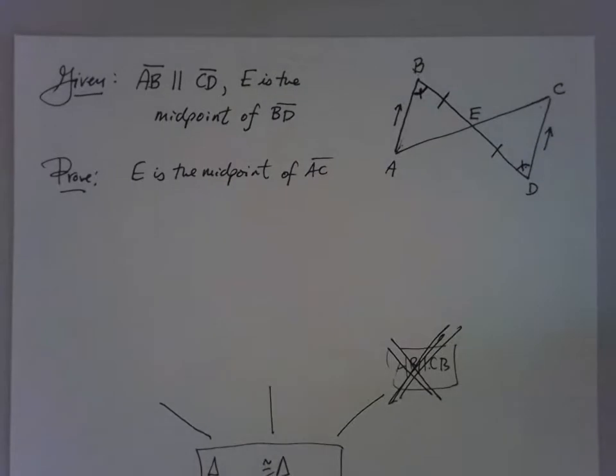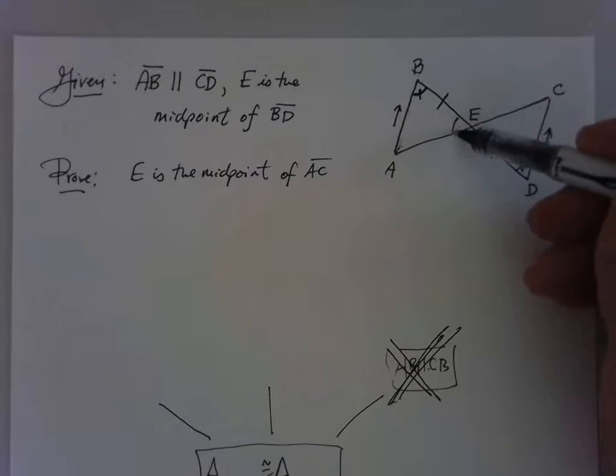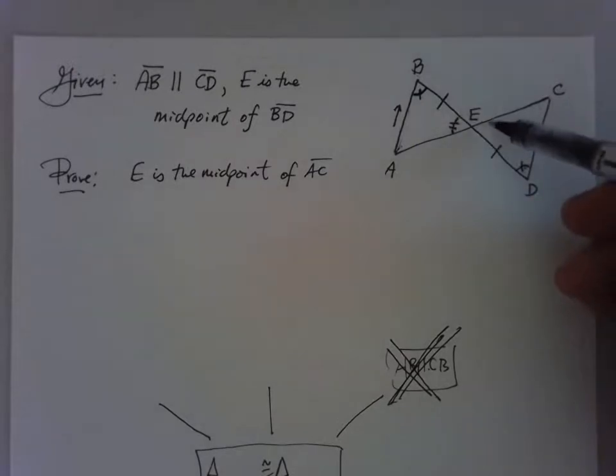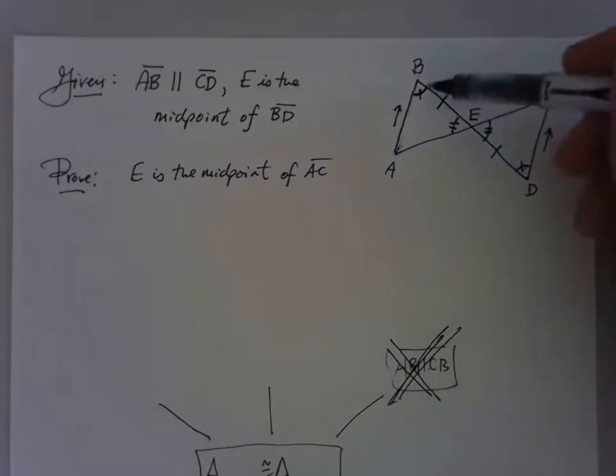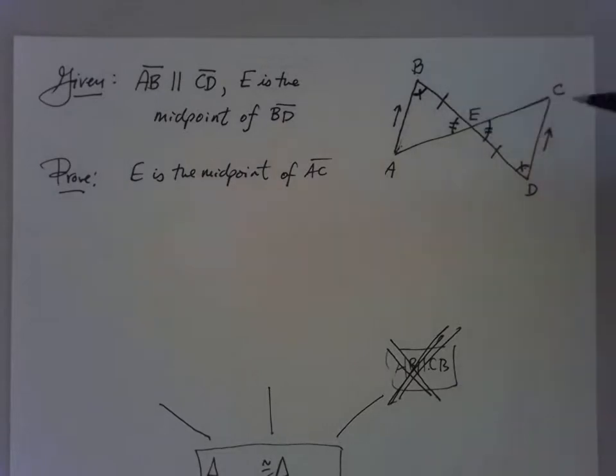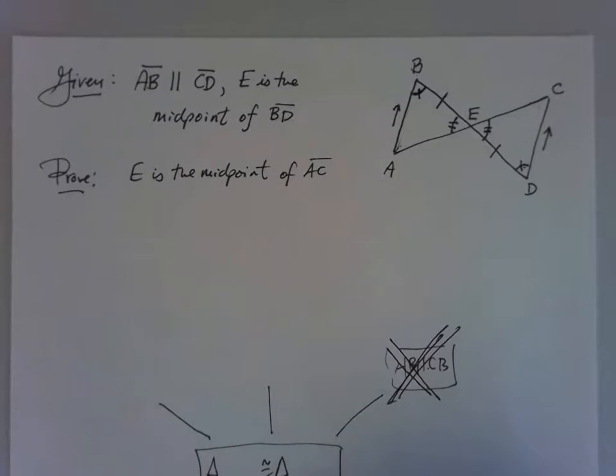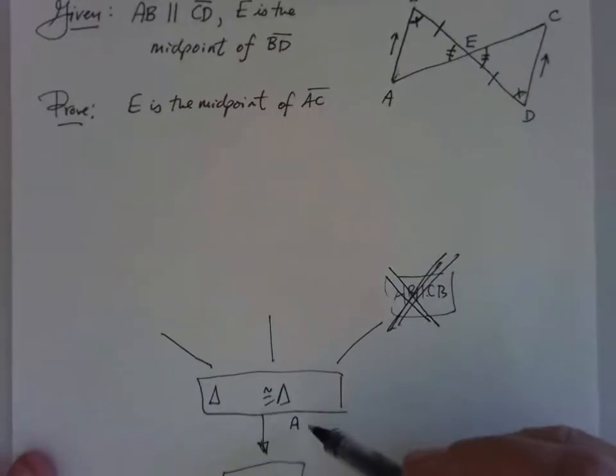Now I need one more pair of congruent angles or congruent sides, and our old friend vertical angles helps us out. And this completes an angle side angle pattern. I have ASA in this triangle, and I have the corresponding ASA pattern in the other triangle. That shows that the two triangles are congruent. It's going to be an ASA proof.